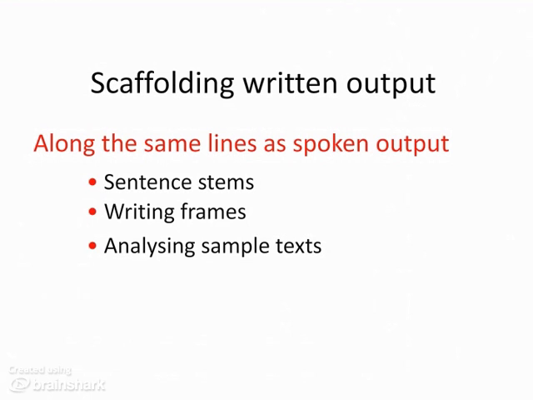So we've concentrated so far principally on spoken production, but what about written production? What about written output? Well, this is quite similar really. Again, back to the metaphor of the little wheels, the stabilising wheels on the bike. Sentence stems. If we want students to write something, we can perhaps give them a formula where the sentences have already been started by the teacher.